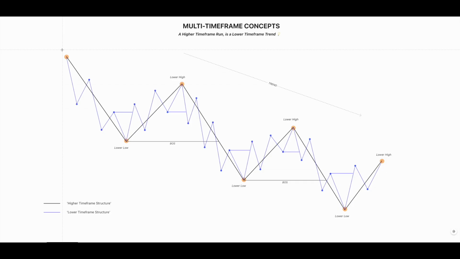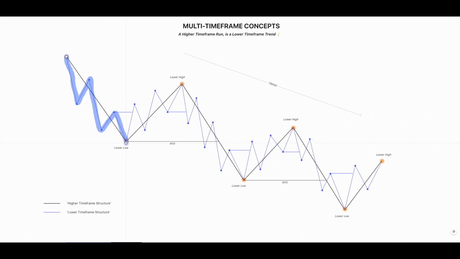Now, within the higher time frame runs, we can obviously see much more going on, with trends forming within those higher time frame runs. So within this first higher time frame bearish run to the downside, we can see that the lower time frames, being the blue line, were in fact making a series of lower lows and lower highs.